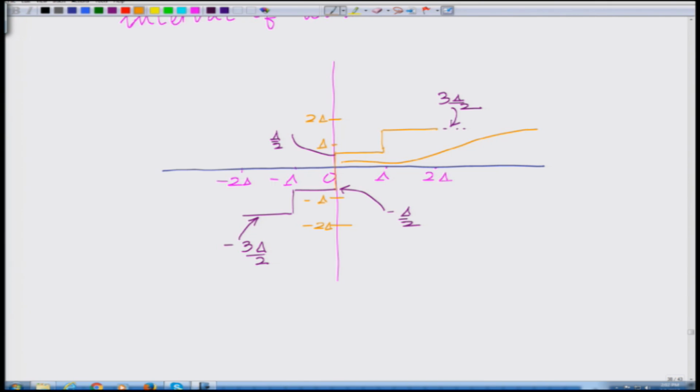Therefore, it rises from minus delta by 2 to delta by 2, therefore, this is known as a mid-rise quantizer. So, we see when we have an even number of quantization levels, the quantizer characteristic rises at 0 from minus delta by 2 to delta by 2 in a uniform quantizer with an even number of quantization levels. This is termed as a mid-rise quantizer.